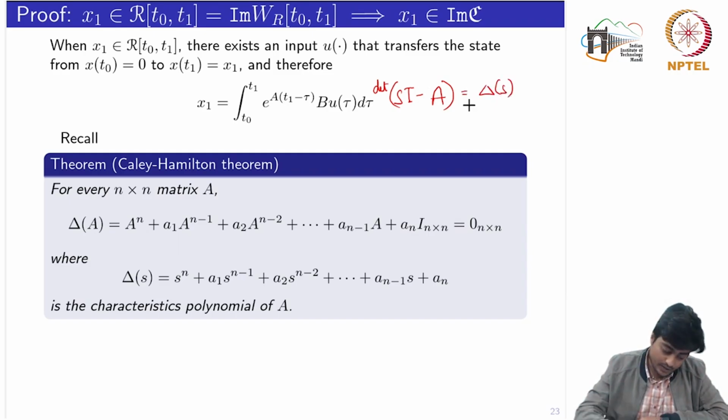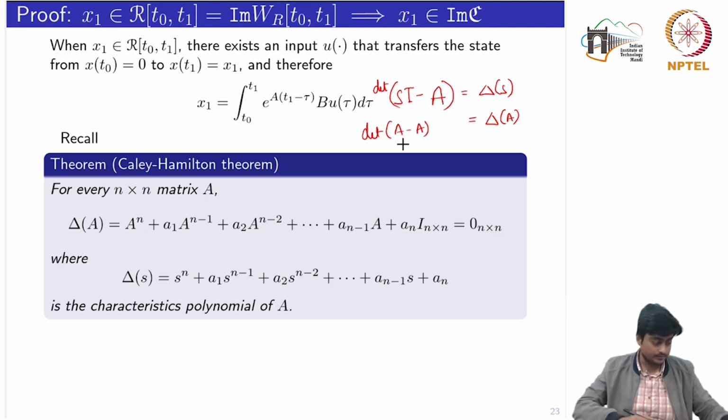If I replace s by A, I would have determinant of A minus A, so it would be equal to 0.